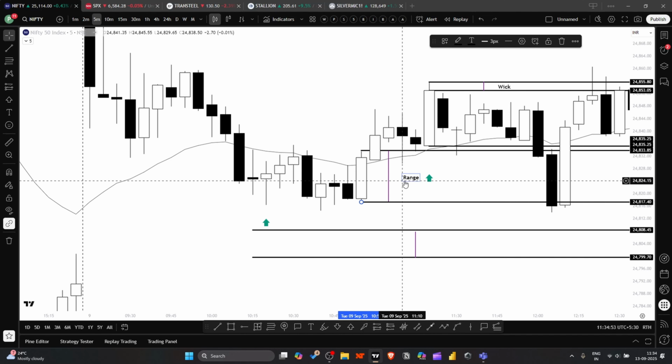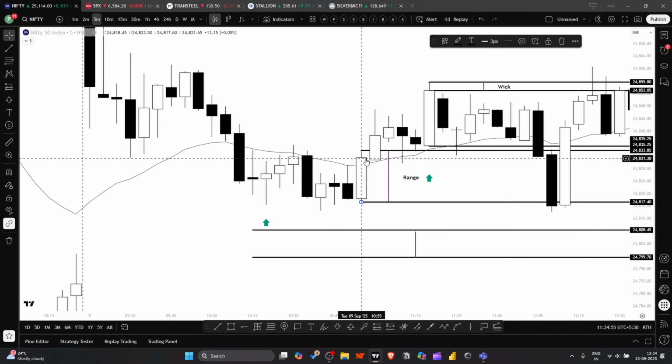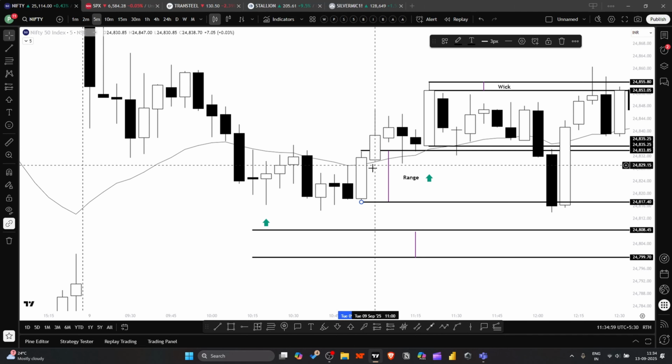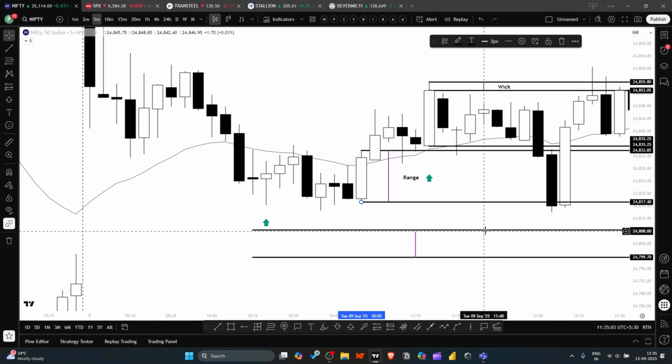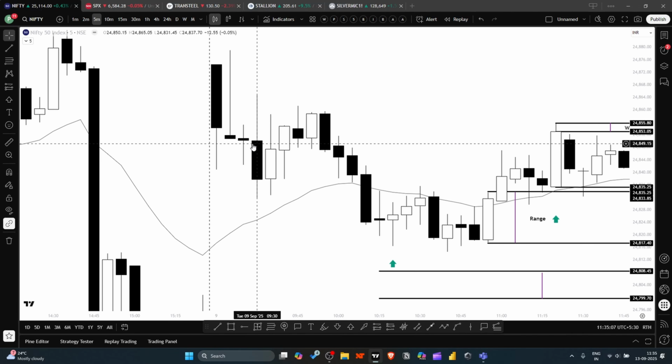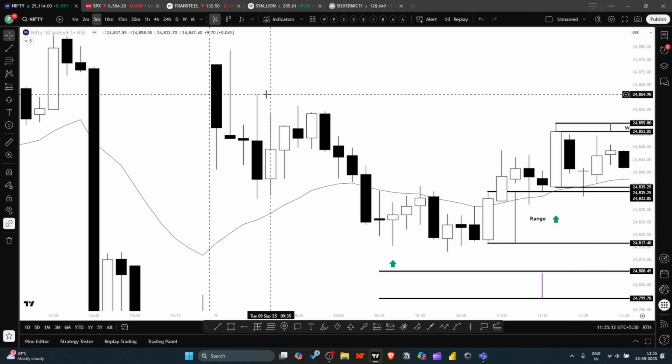The difference between those two is the range. The difference between open and close is called the body. Now for a bear candle, the distance between open and high is the tail.